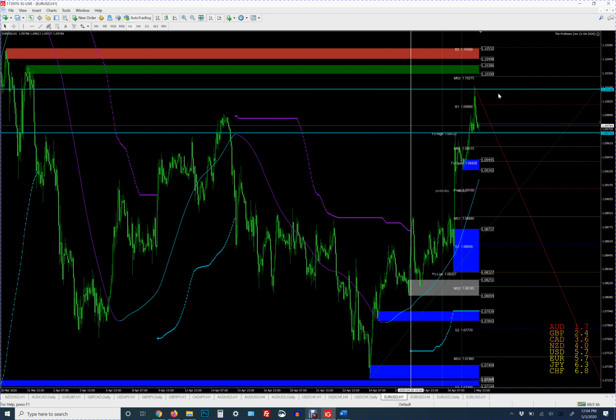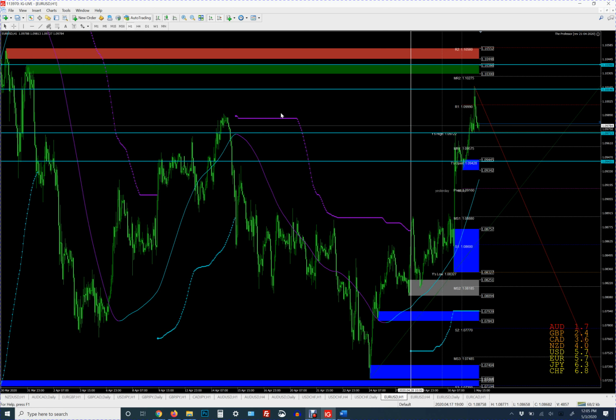Now if price breaks above, be looking for more long opportunities. If price breaks below, create your new zone. You'd be looking at around there. If it breaks to the upside, you're going to be looking at around here.